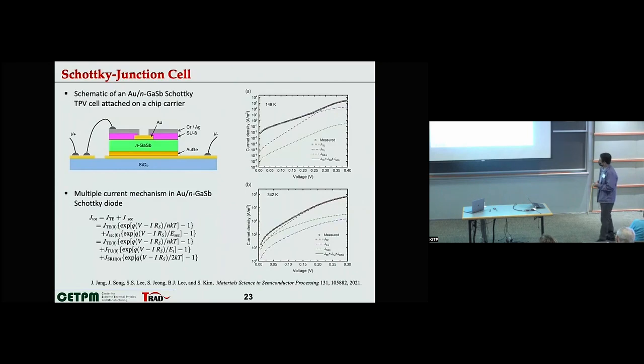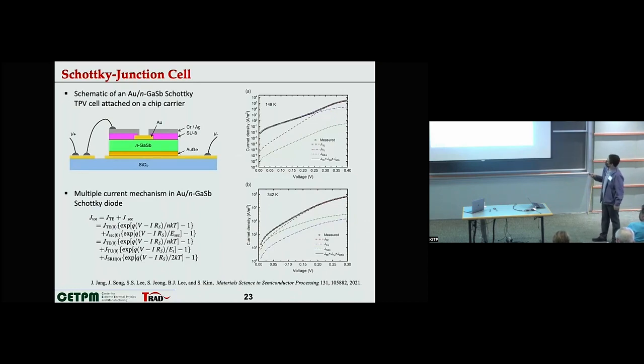And the final part, after all of the near field measurements, we are trying to do the energy conversion experiment. And we decided to fabricate the Schottky junction TPV cell instead of the PN junction cell. Not because the Schottky junction is better, but because of our limitation in fabricating a PN junction with a low band gap semiconductor, which was very difficult.